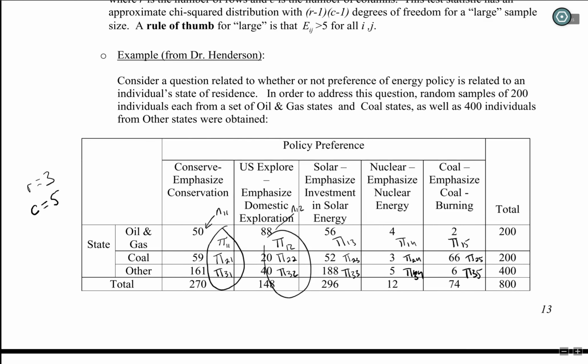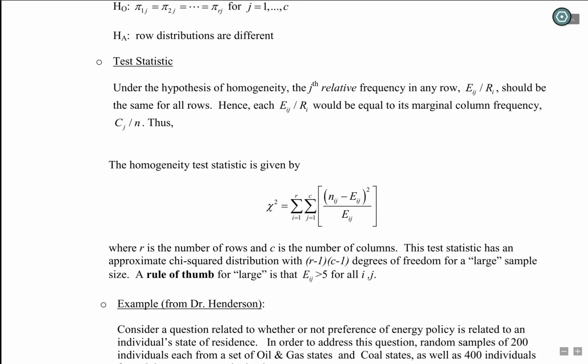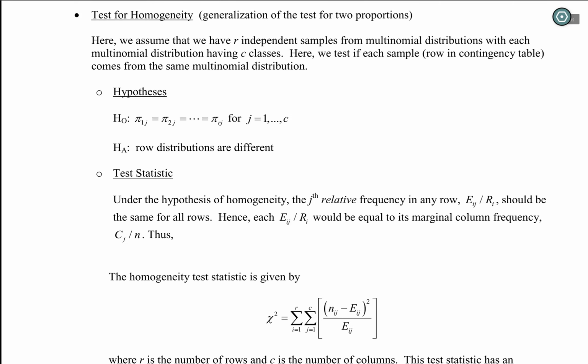Pi 12, pi 22, pi 32 are the same, and so forth. So that's the null hypothesis. The alternative is that the row distributions are different, that these multinomial distributions are different. There's some difference in the proportions there.